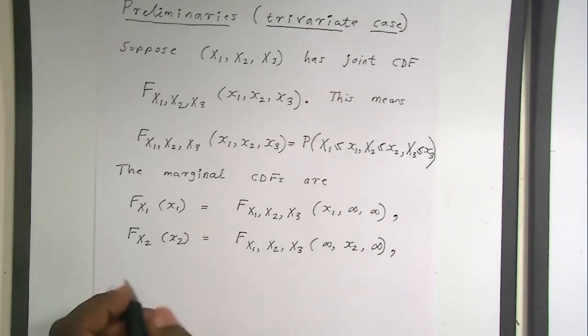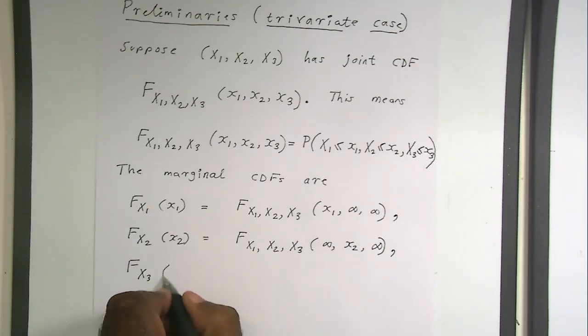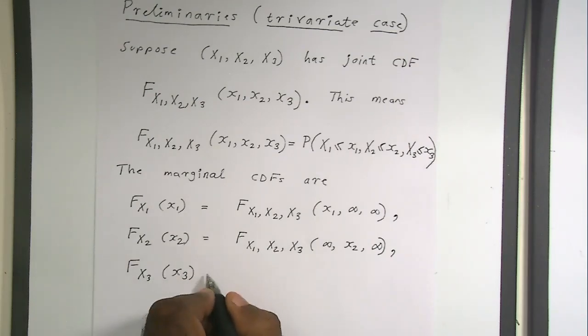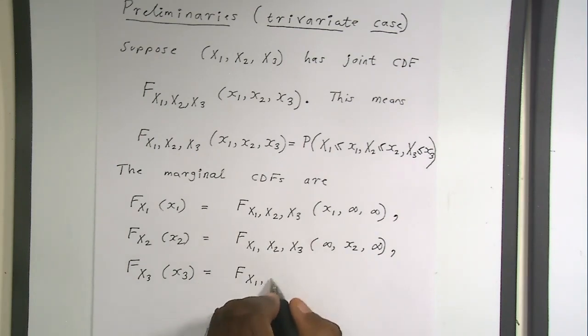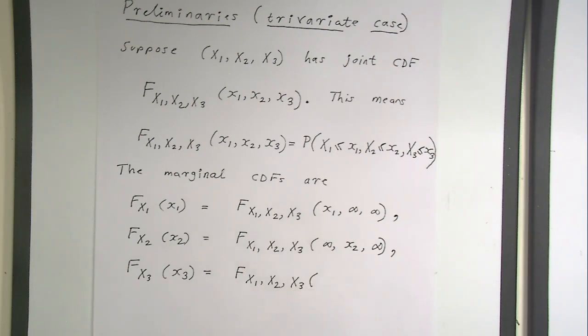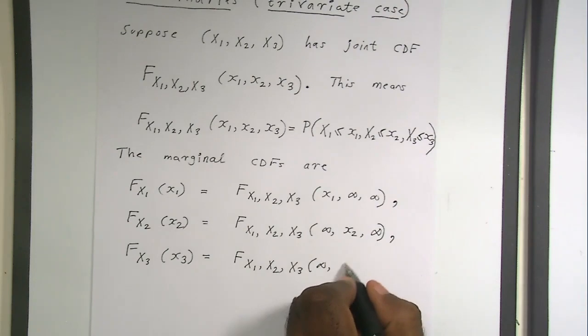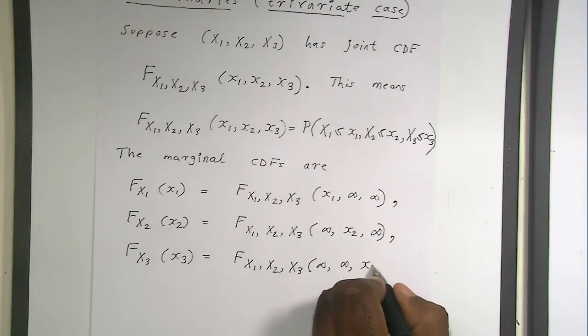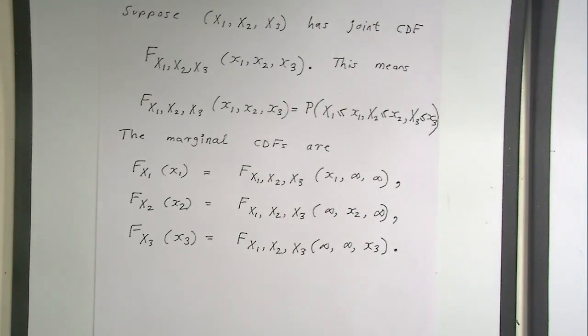And the marginal CDF of x3 can be obtained from the joint CDF by putting everything to infinity except for x3. So these are the definitions of the CDFs for x1, x2, and x3.